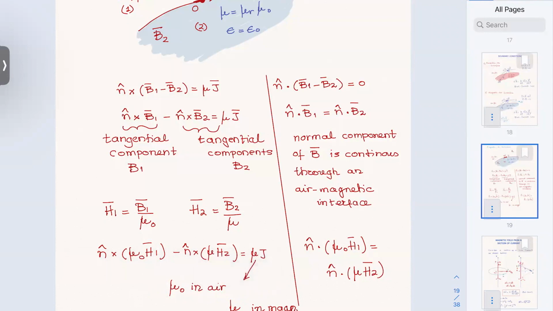Above interface, just above interface. And mu equals magnetic, in magnetic material, just below interface.